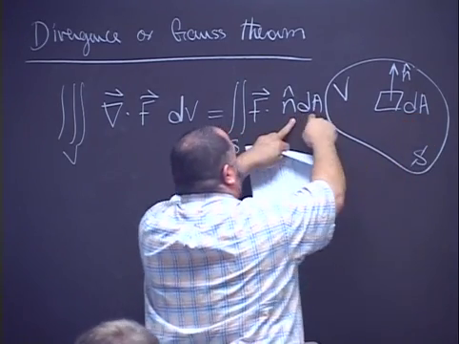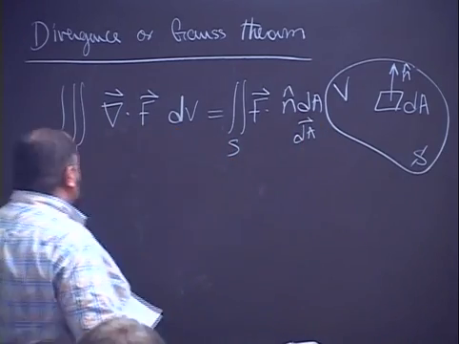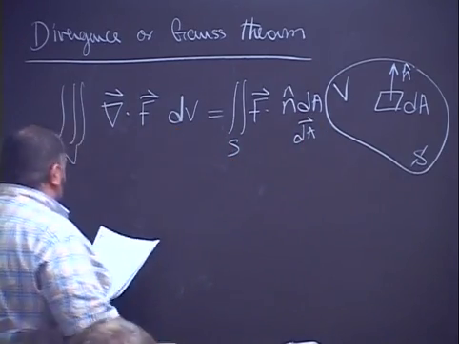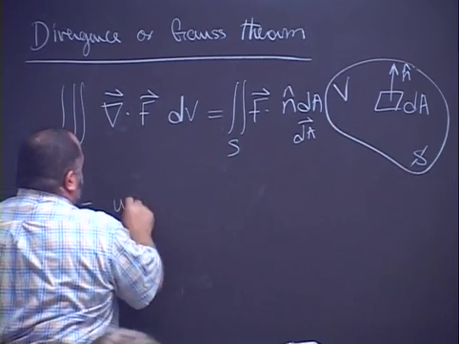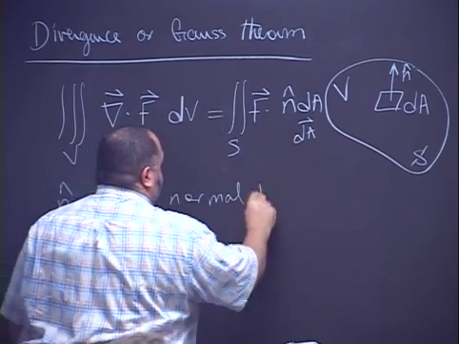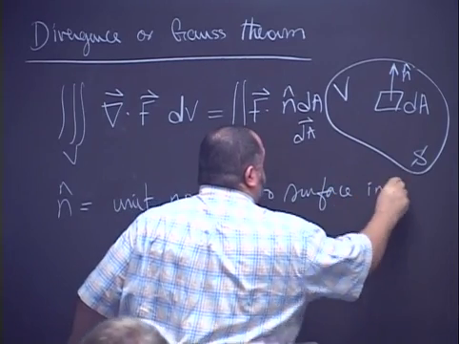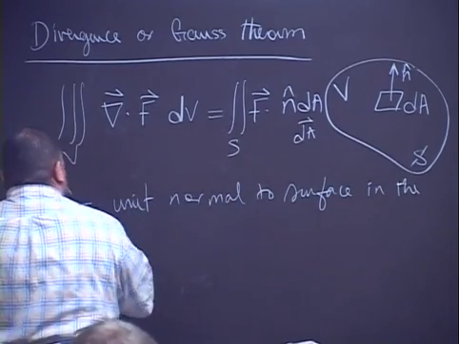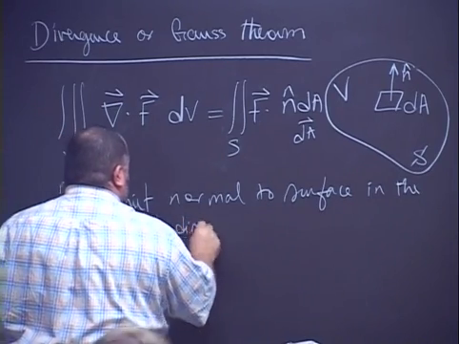So n dA is the area vector dA, so f dot the area vector. So n is just the unit normal to the surface in the outward direction.